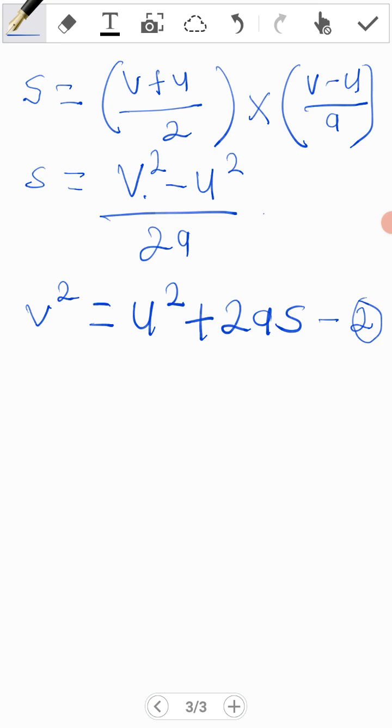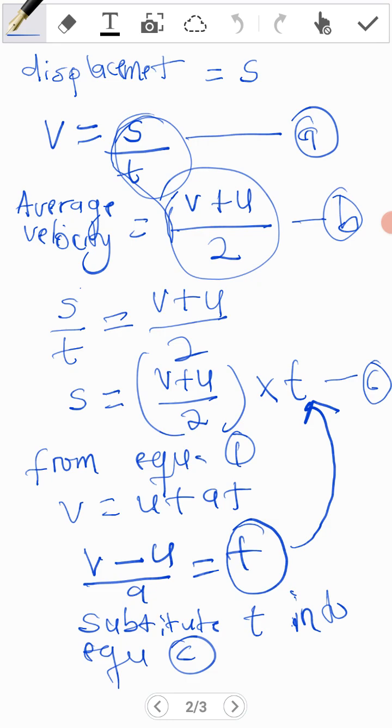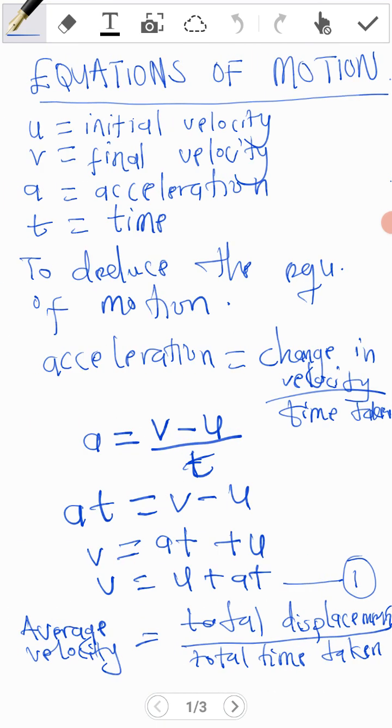Getting that equation means we can also get the one for displacement, which is small s. So we can substitute equation 1 into equation C. Let's go back.